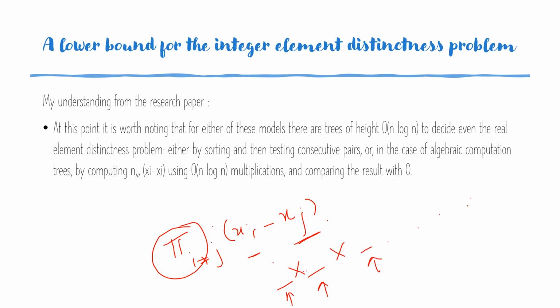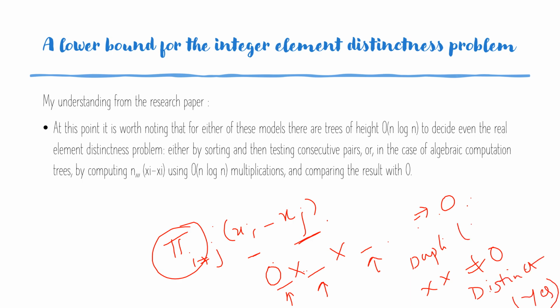If any of the differences is zero, the whole product will be zero. That means there is at least one duplicate in the given array. That means the elements are not distinct; there's at least one repetition. If the product is not equal to 0, that means the elements are distinct. We can simply say yes in this case, and no in the other case.